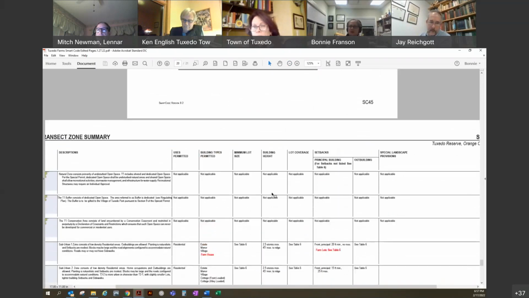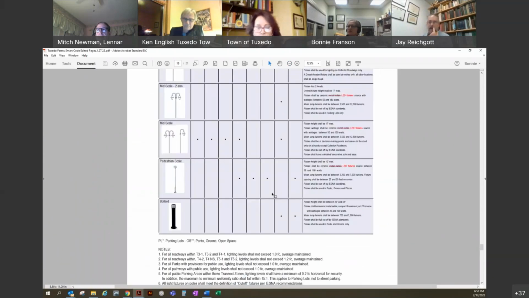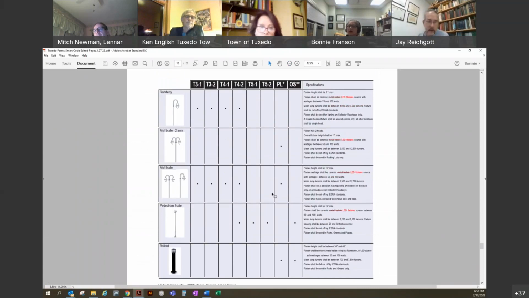I would only say, as I'm scanning, when we're adding LED to have a color, the Kelvin value there. Typically, we don't want to go higher than 2,700 to 3,000 because you don't want that very bright bluish white glare of LEDs. You want it to be a little bit softer in the environment and for the night sky.